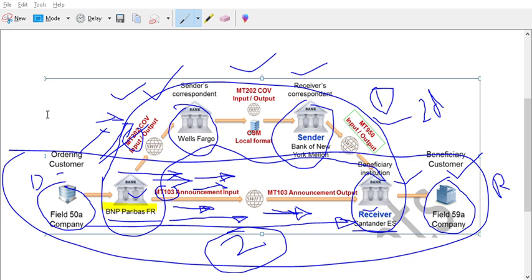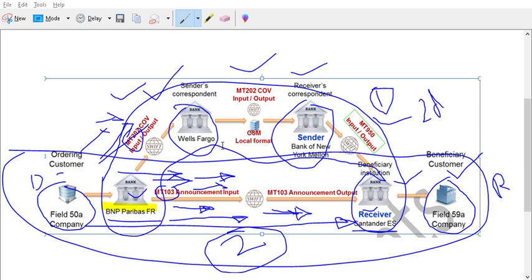Just now I told you, you should know whether the payment is arriving, and for that MT103 was developed. All cover payments involve two messages. One is MT103 and another is MT202. So when you are sending a payment, two messages are involved.